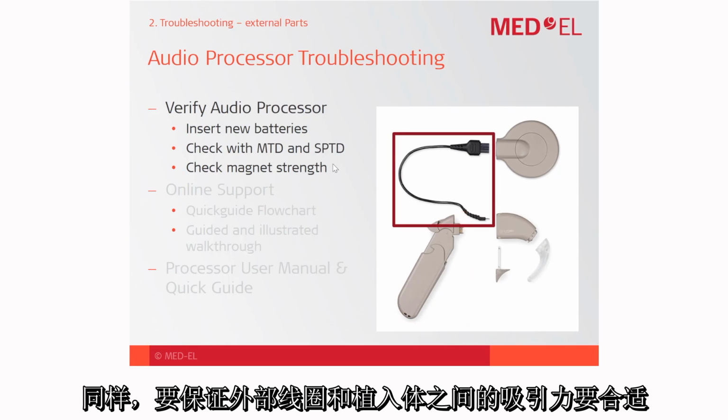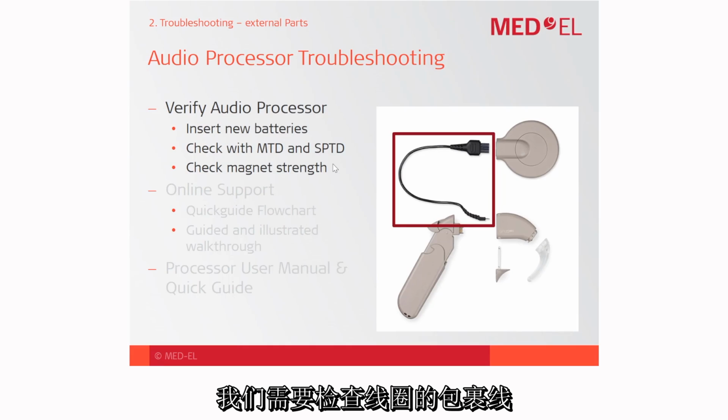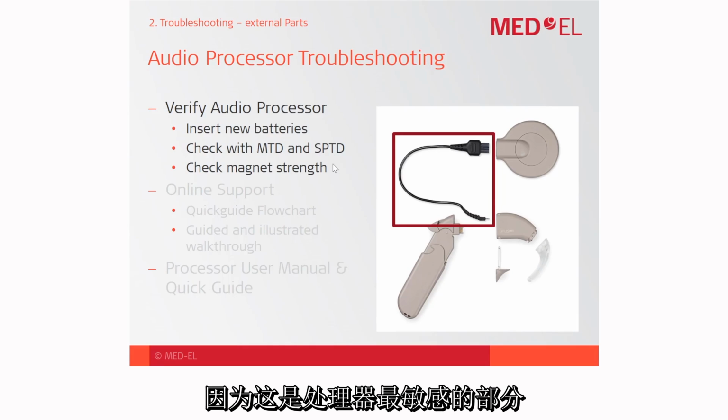Also keep in mind that the attraction force between the external coil and the implant should be satisfactory. The coil cable should also be checked because it's the most sensitive part of the cochlear implant processor.